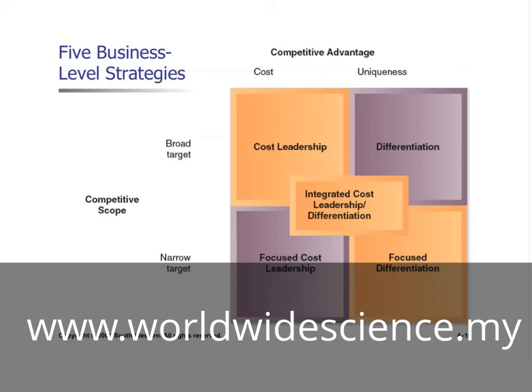If you look at it, you'll see we have cost and uniqueness on the top, and on the side we have broad target and narrow target that we just talked about. So on the top we have two types of competitive advantage, cost or uniqueness, and on the side we have two types of scope, broad or narrow.